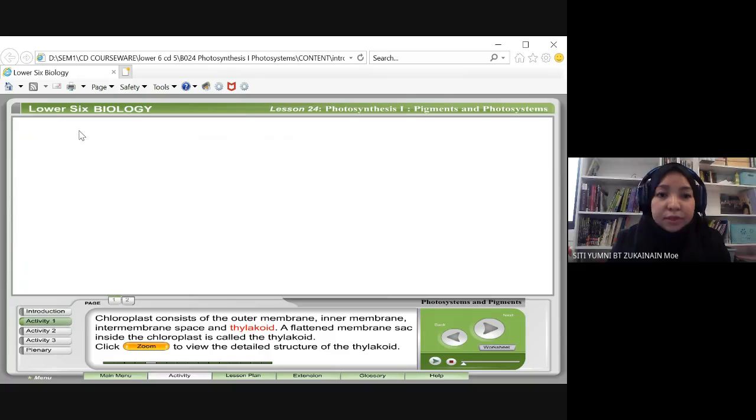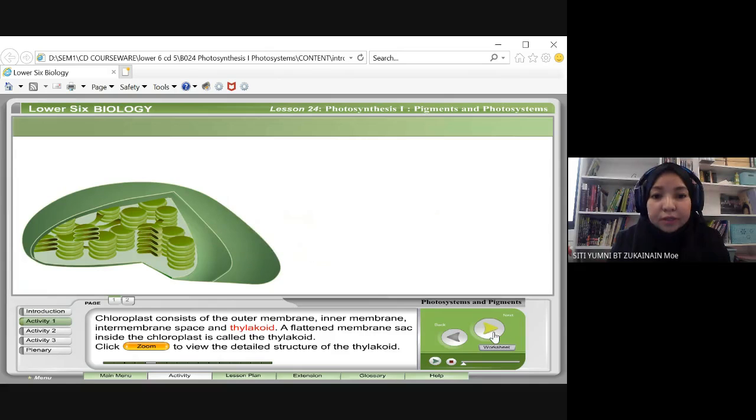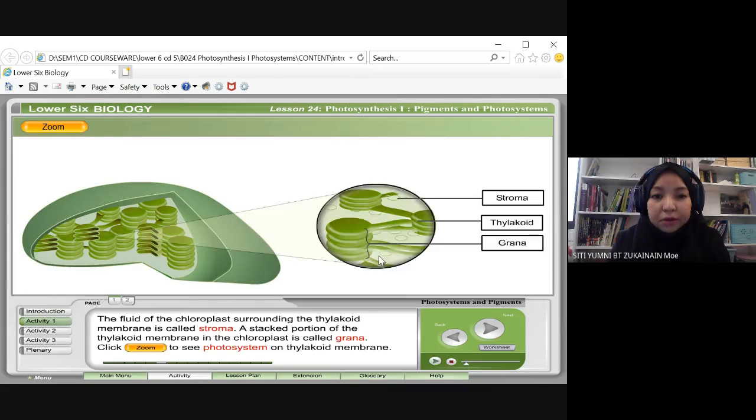Let's zoom inside to observe the grana. This is the detailed structure of the thylakoid. First, when we zoom in to the chloroplast organelle, the fluid of the chloroplast surrounding the thylakoid membrane is called stroma. A stacked portion of the thylakoid membrane in the chloroplast is called grana.